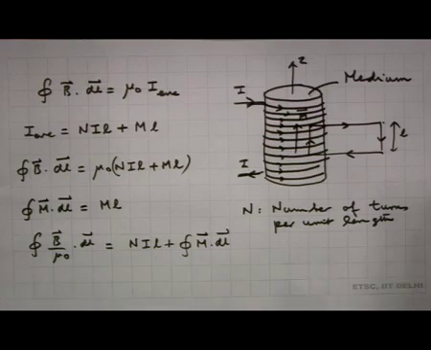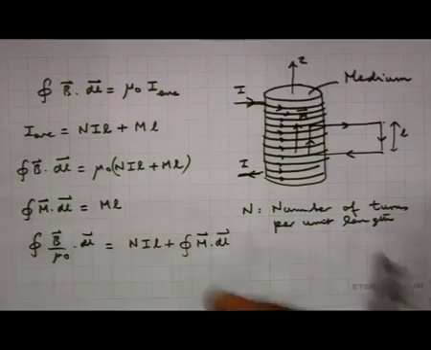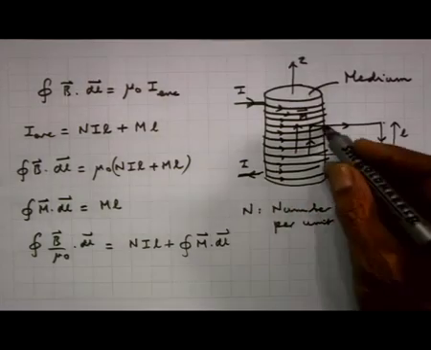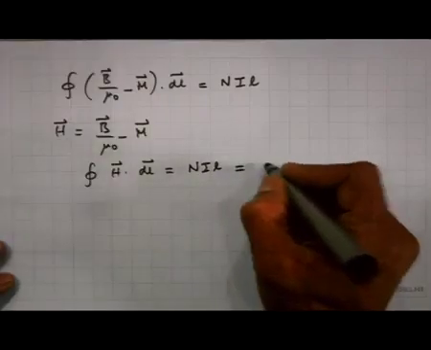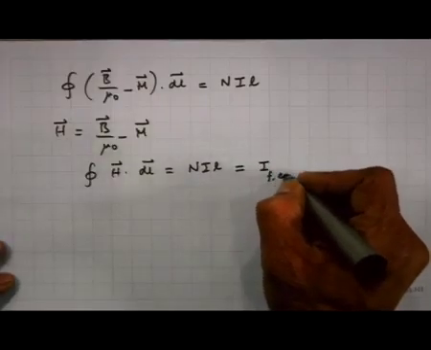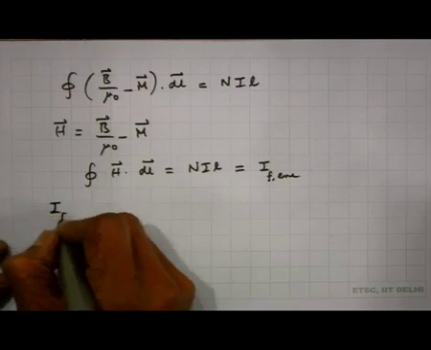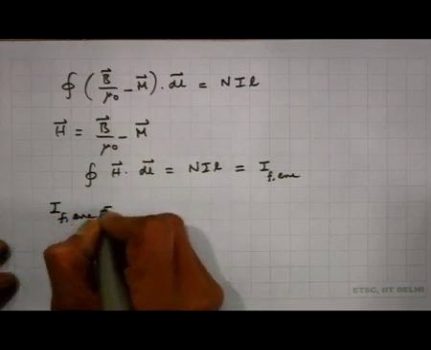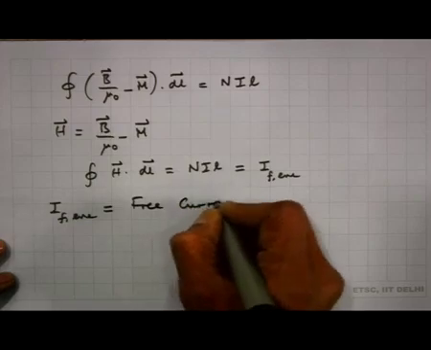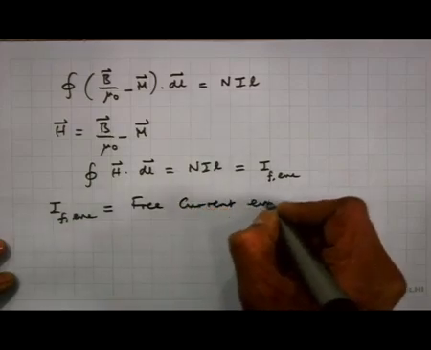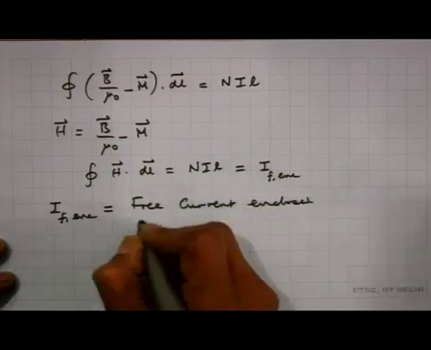The current which I am passing through the wire, the conduction current, is called the free current. The conduction current passing through the loop is the only one which is crossing this. So, the right hand side is simply equal to I_F enclosed, where I_F enclosed is the free current enclosed by the loop.